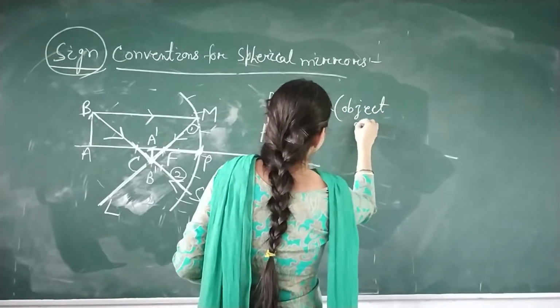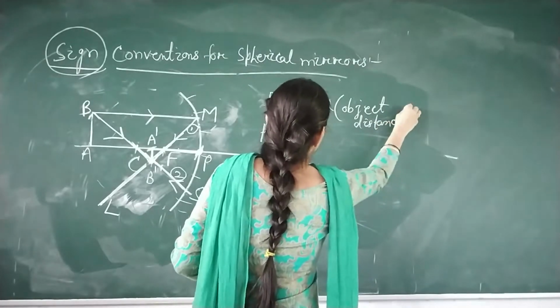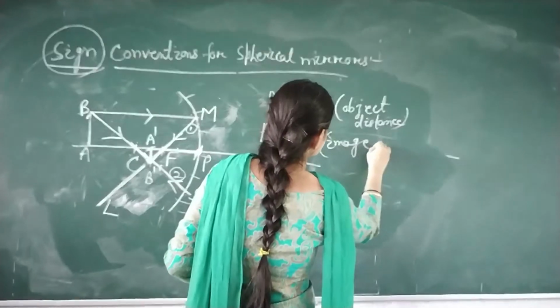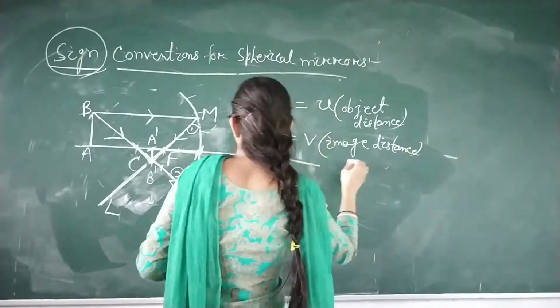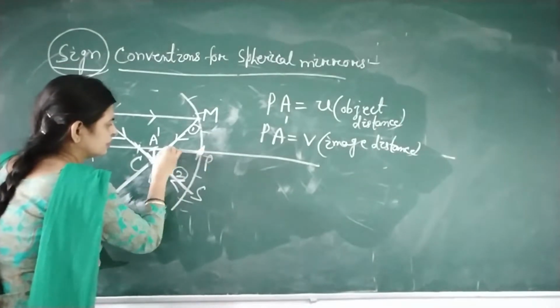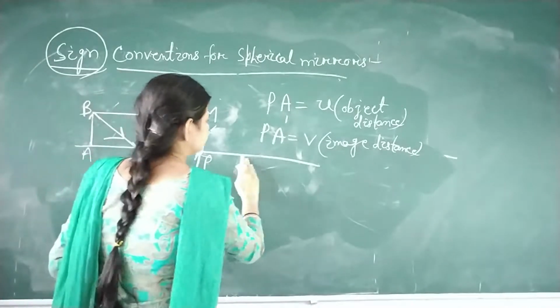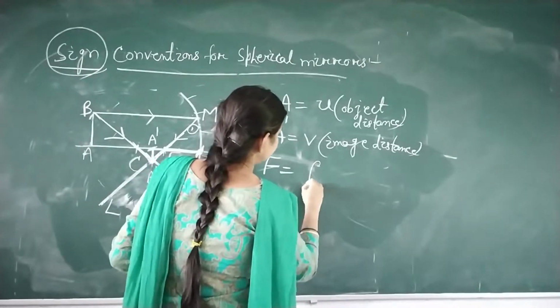This is the object distance and this is the image distance. PF is your focal length, already we have discussed. PF is equal to the focal length.